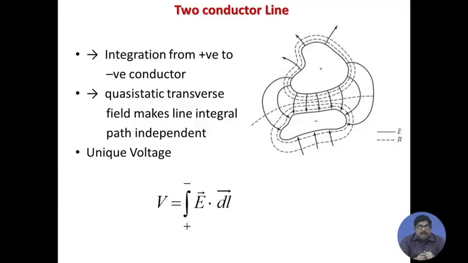That is why, if we go from positive to negative conductor and take the line integral of the electric field, that is voltage. Now, in the case of a two conductor line, this voltage definition is unique.